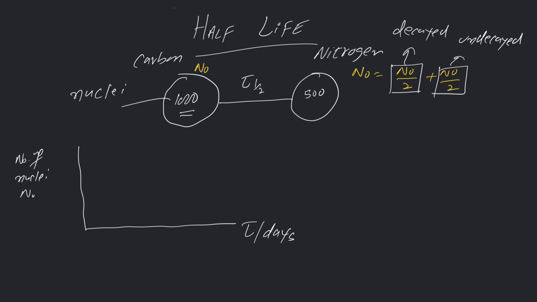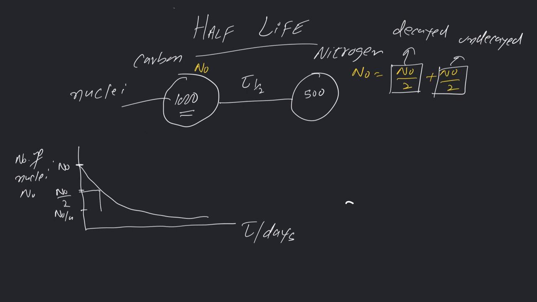In the beginning, let's say the total amount is N naught, then it will become N naught by 2, then N naught over 4, and so on. So if you plot a graph, the curve will be like this.